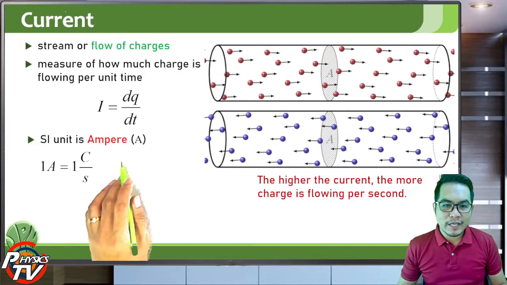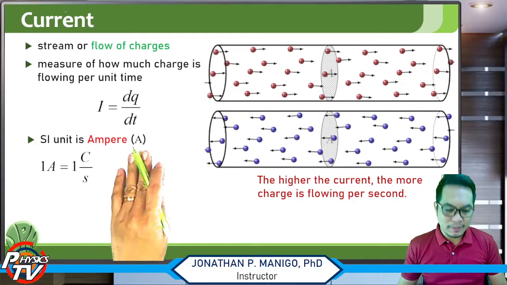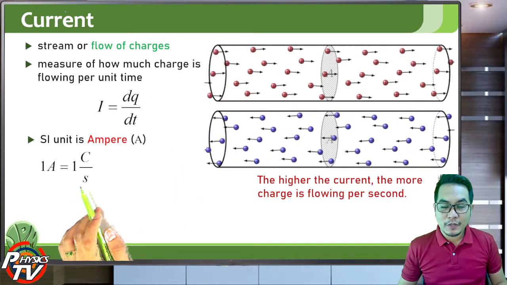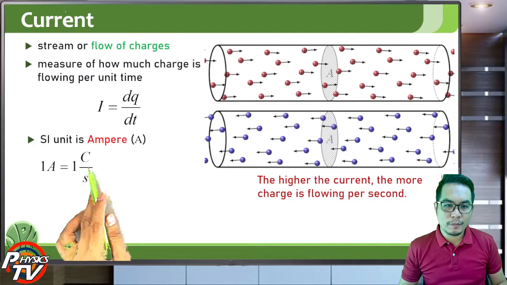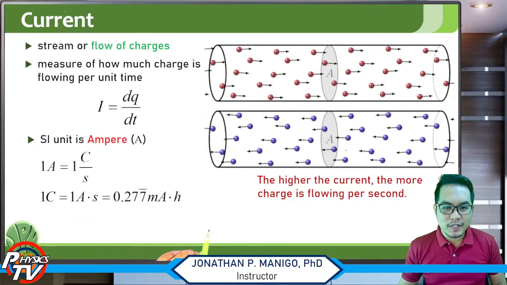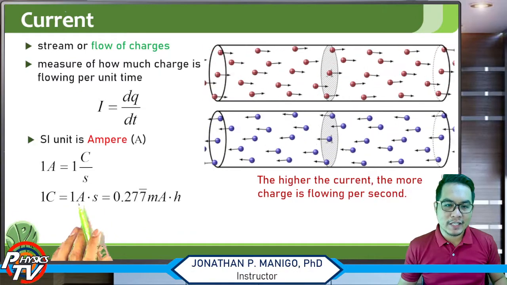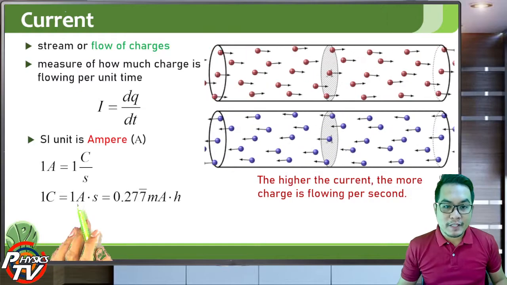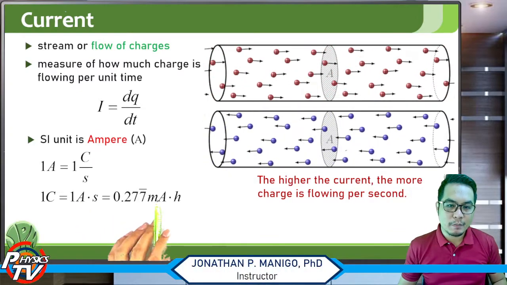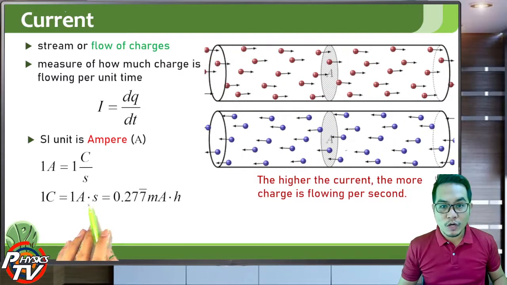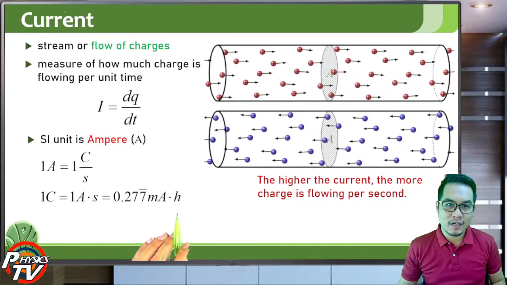So from here, we can actually redefine the unit for charge, coulomb. So from here, if you cross multiply the second or the time, 1 coulomb is equal to 1 ampere second. And if you take a prefix milli for ampere, such that it becomes milliampere, and if you change the unit from seconds to hours, then you have milliampere hour.